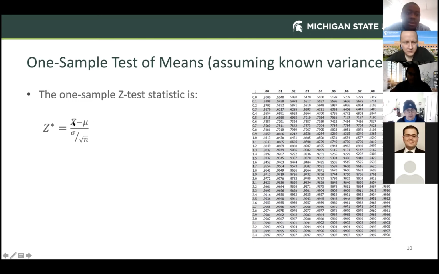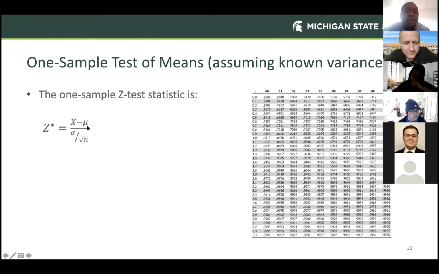X bar is the sample mean. Yep, x bar is the sample mean. Mu is the population mean. Yeah, that's the population mean we're comparing against.